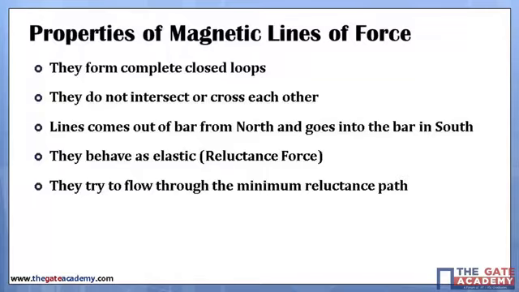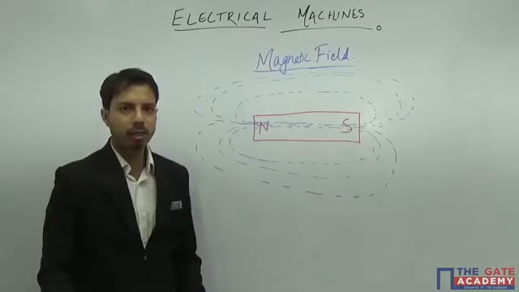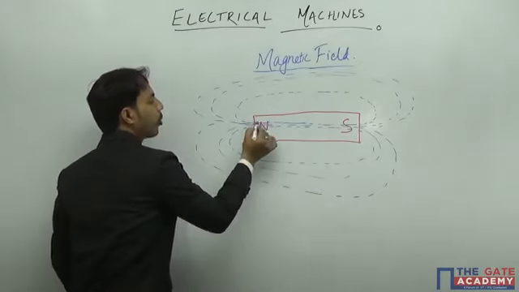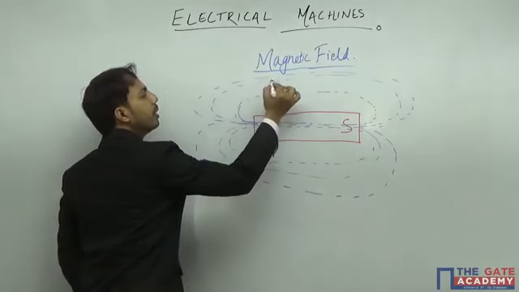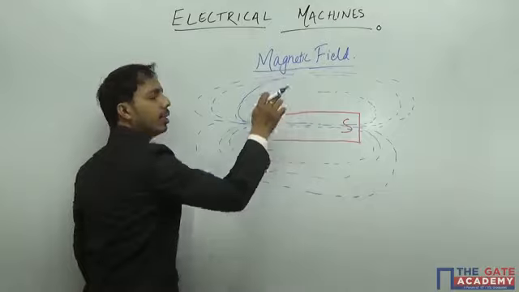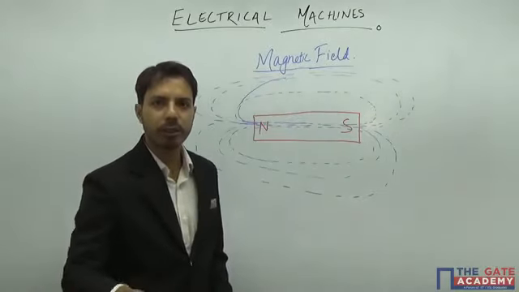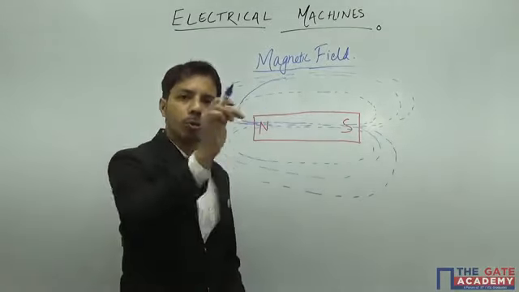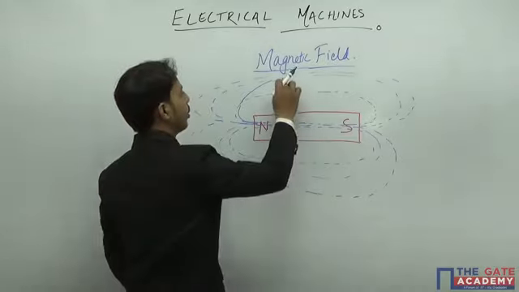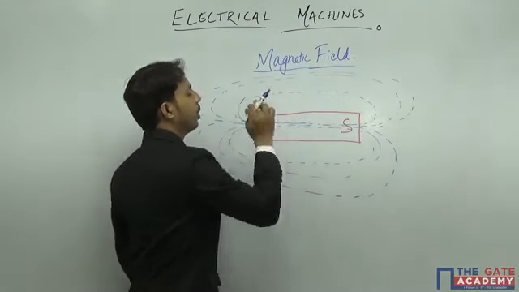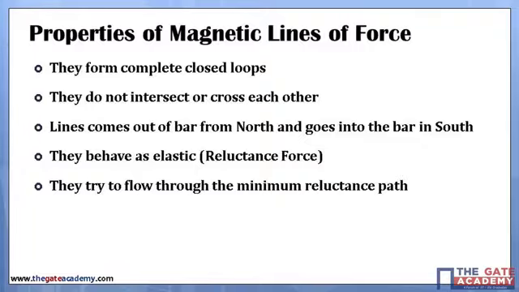The second point is they do not intersect each other. The magnetic field which is coming out from here is not going to intersect the other magnetic field. They will have their own path. This is important, they won't intersect each other.